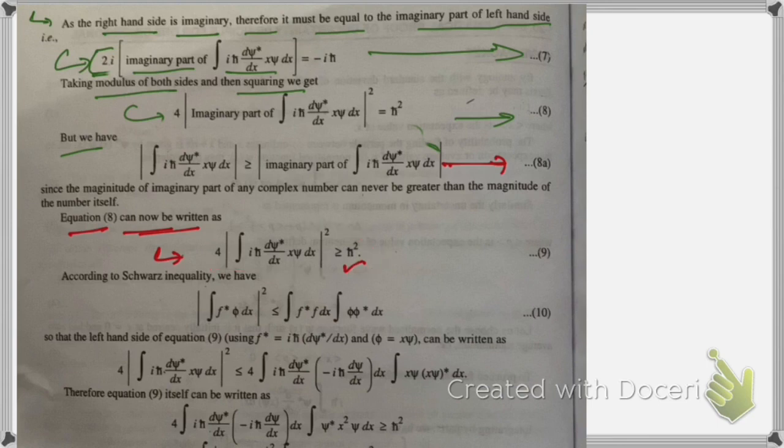Now, according to the Schwarz inequality, we have this relation, and here f star is nothing but this and phi is this, right?